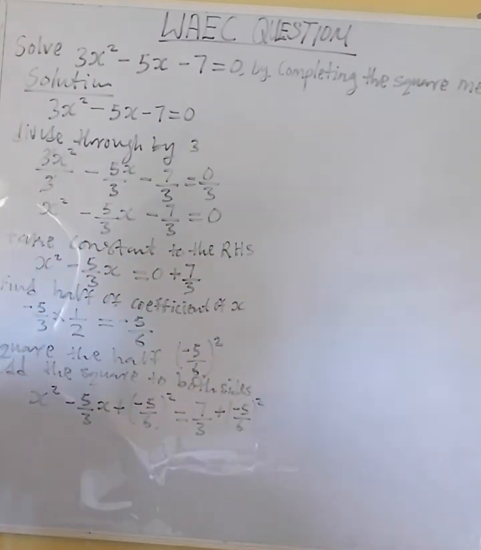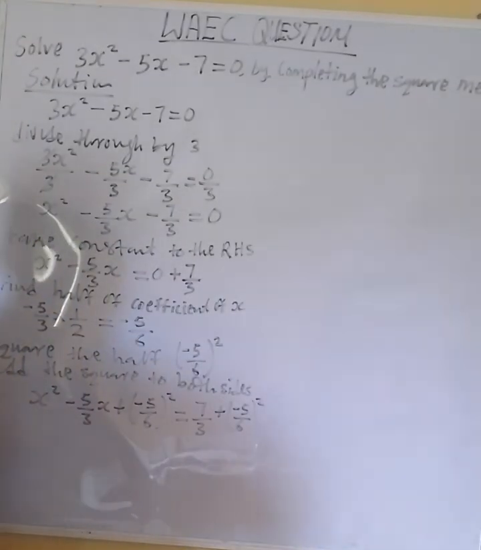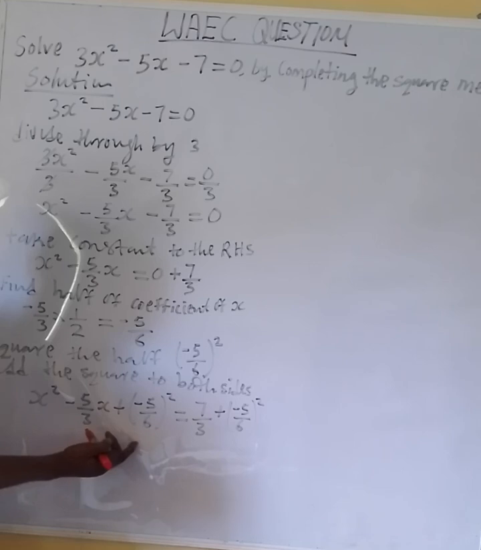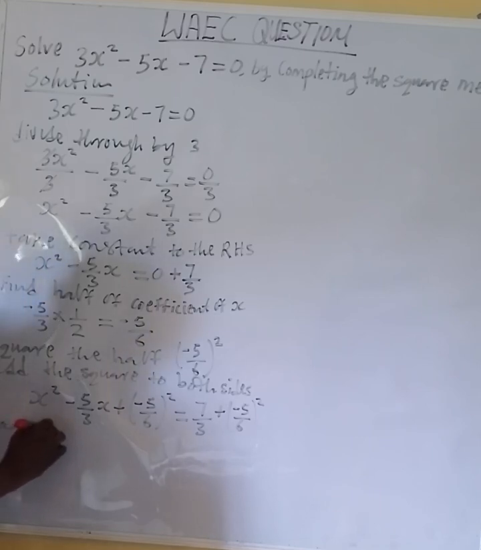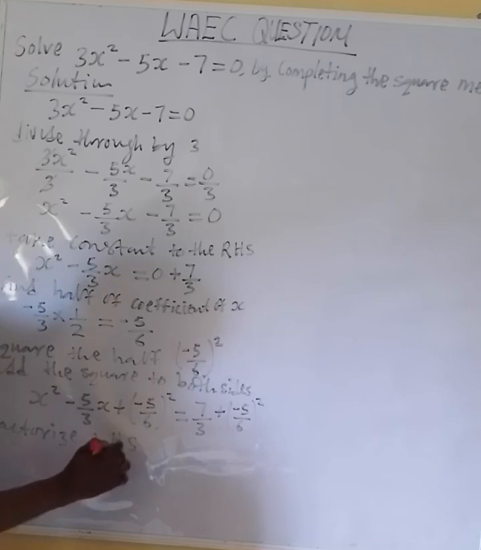Are we together? Now when you look at what we have in our left hand side, we have minus 5 over 3 and minus 5 over 6, which means they have something in common that we can factorize. So we now factorize the left hand side.